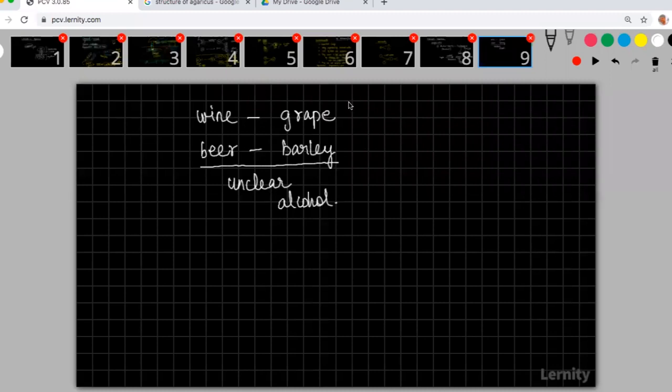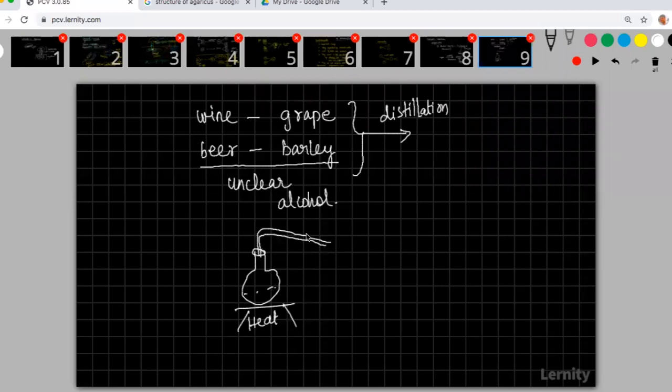What they will do is, they will take this and try to distill it. What is the meaning of the distillation process? You try to concentrate only the alcohol part. You take wine in a particular container and heat it. Alcohol will evaporate.